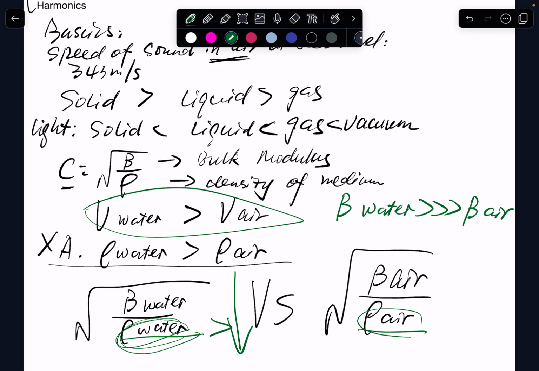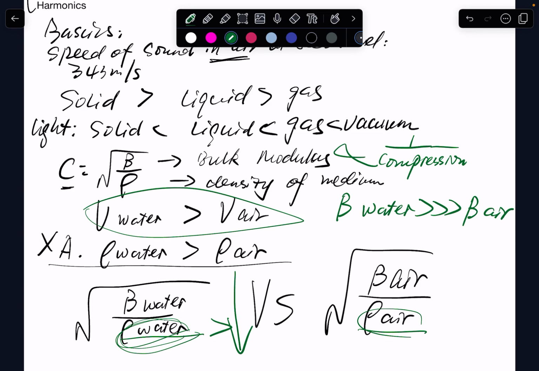And then this bulk modulus is really inversely related to the compression. How compressible something is, okay? And then because water is less compressible than air, right? It's liquid. Air is just everywhere, gas, so it's more compressible.